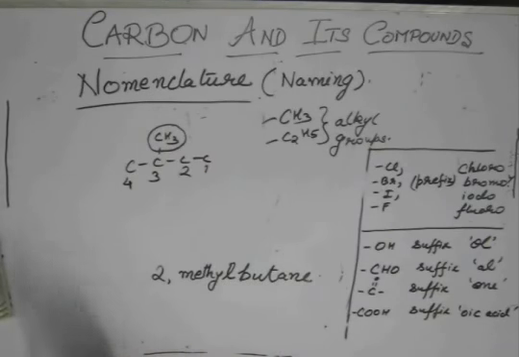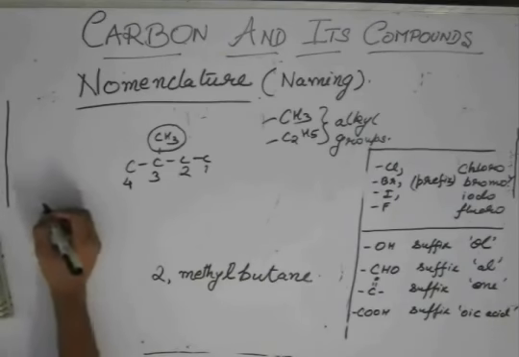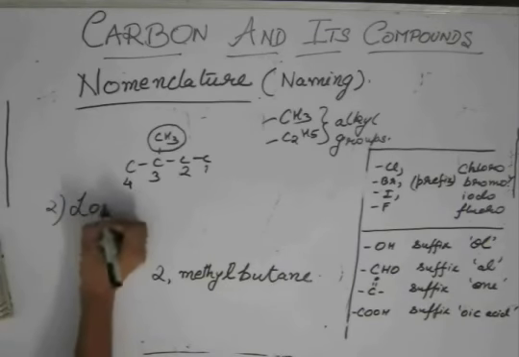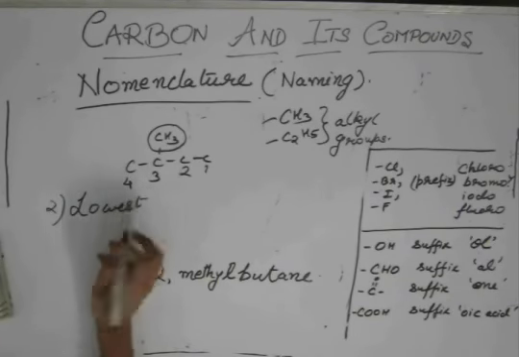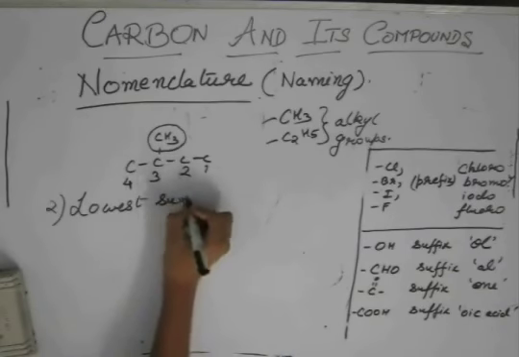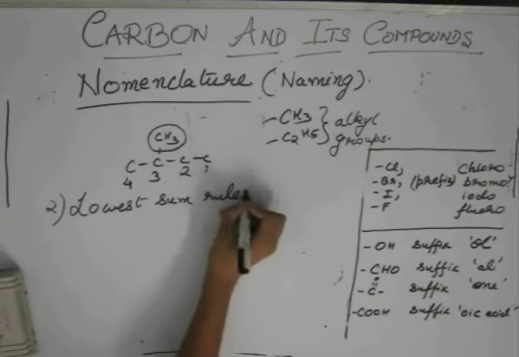But 3-methyl butane is wrong because of another rule, which is called the lowest sum rule.